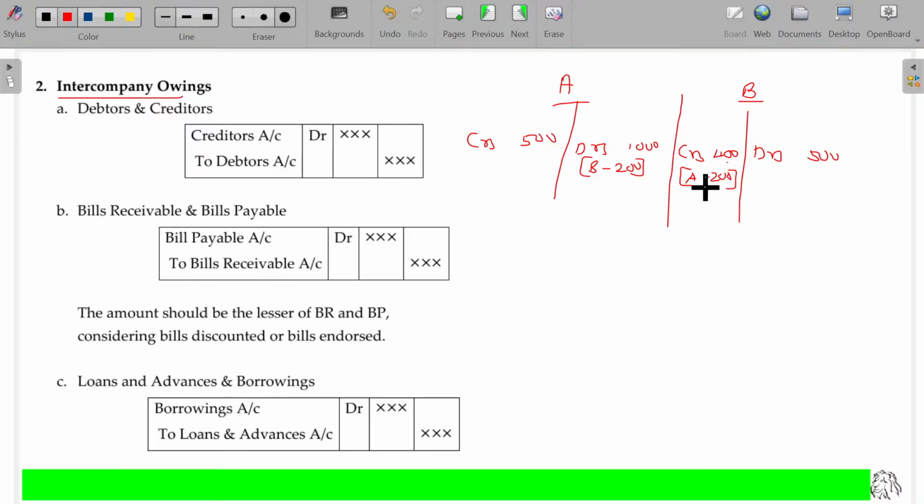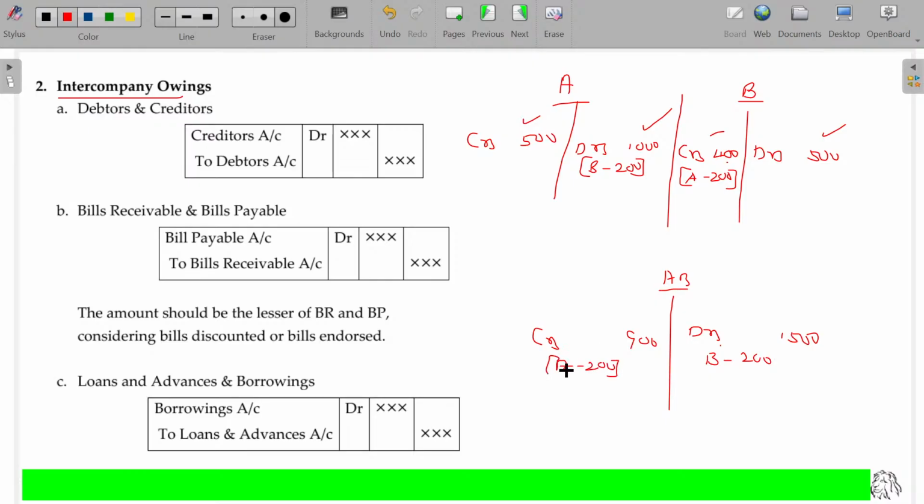That's how he shows. What happens in case of a merged one? A, B are integrated. In case of debtors, what do you do? 1000 and 500, 1500. And in case of creditors, 500 and 400, 900. There is no problem here. But this debtors includes amount recoverable from B 200, and this creditors includes amount payable to A 200.